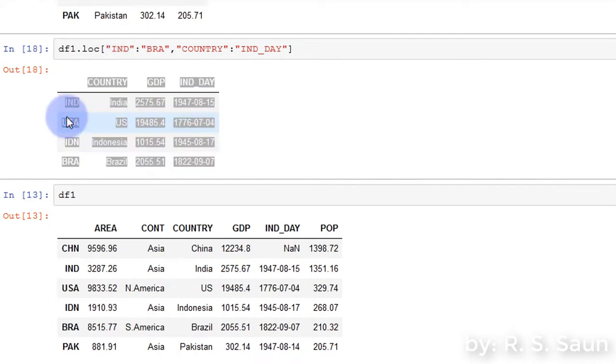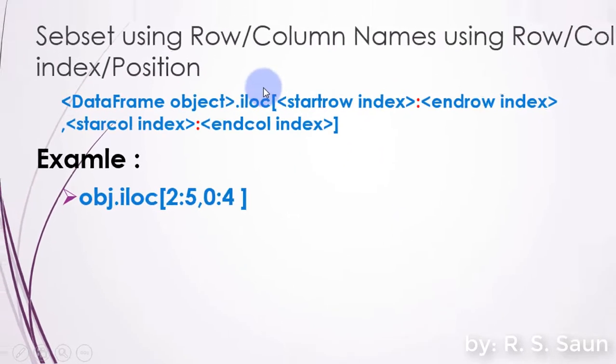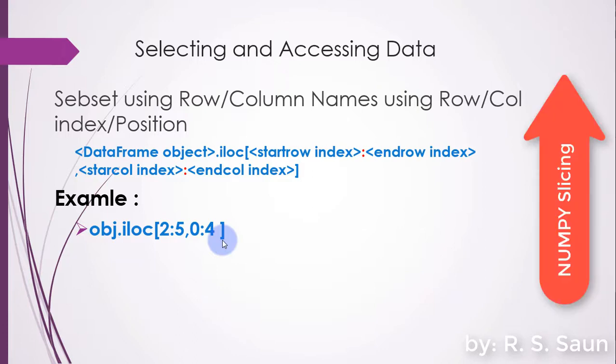Now you can use not only labels, you can use indexes as well. To use indexes, we use another attribute called iloc. Here, instead of a row label or column label, we can simply use indexes. Here is the example: DataFrame object name dot iloc, and then you can specify the slices as we have discussed in NumPy, lists, or Series objects.